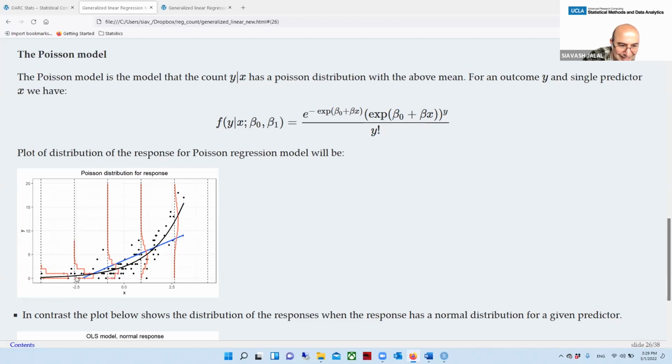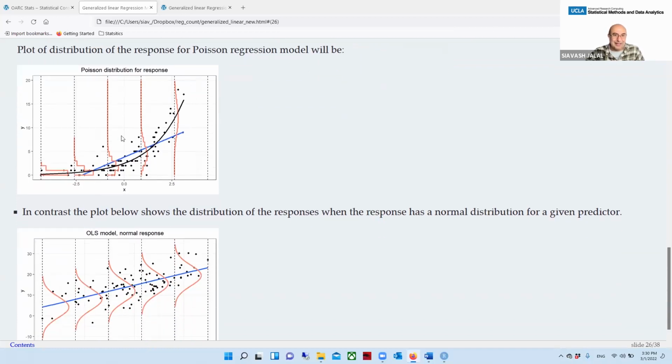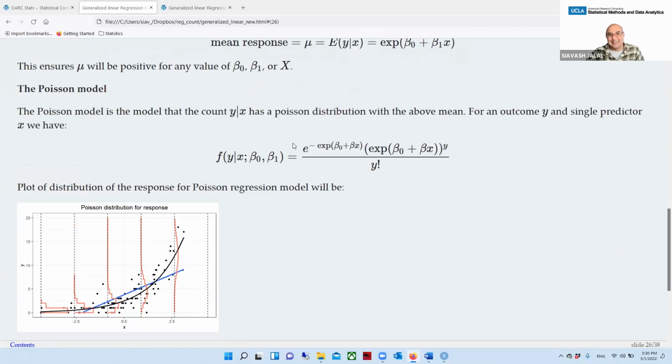But here x goes from negative values, and the expected y is always positive. There is no way to get a negative. So that's another advantage of using the link. You see, it's not linear, but the log of these functions is linear.